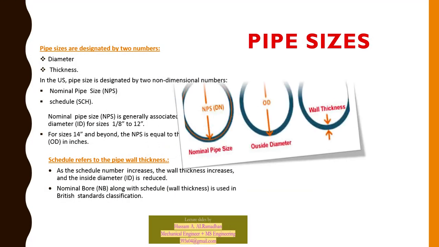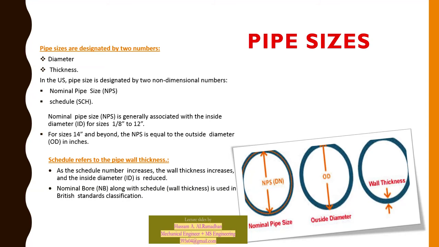Pipe size. Pipe sizes are designated by two numbers, whether diameters or thickness. In the US, pipe size is designated by two non-dimensional numbers: nominal pipe size (NPS) and schedule (SCH). Nominal pipe size is generally associated with the inside diameter ID for sizes 1/8-inch to 12-inch.